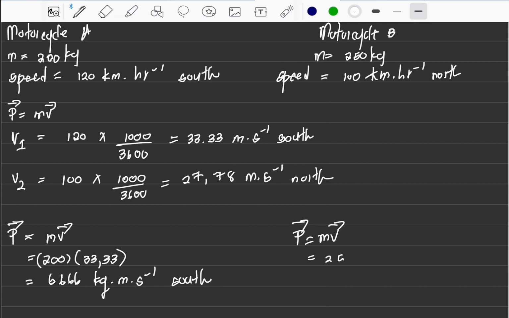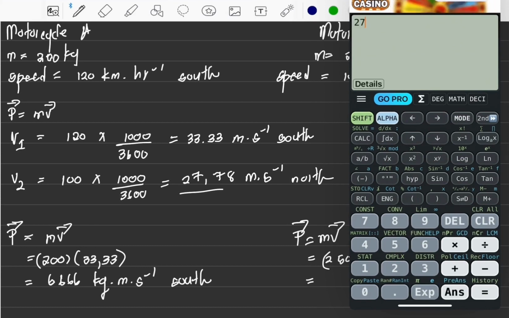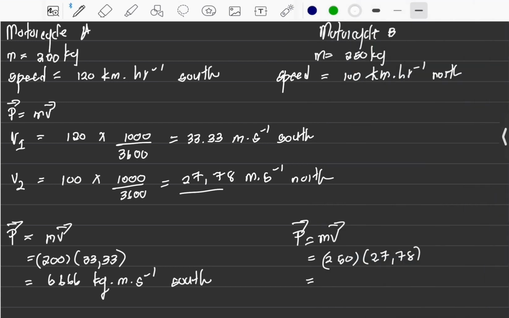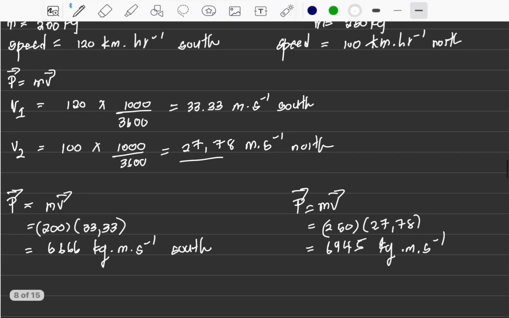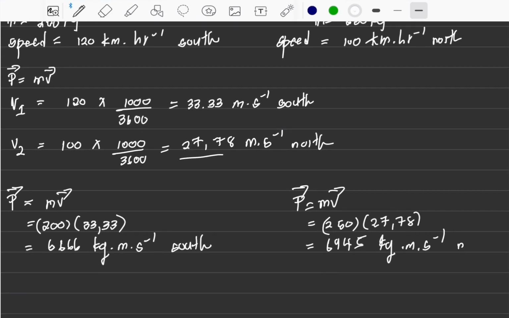Your mass is 250 multiplied by the velocity that we calculated, 27.78. 27.78 multiplied by 250 is equal to 6,945 kilograms meters per second. And the direction is north.